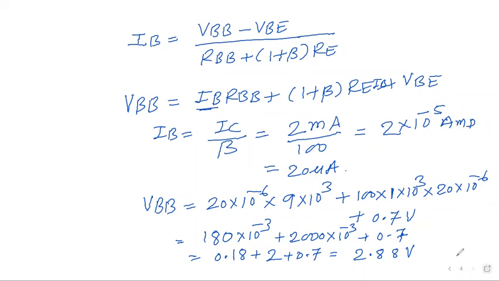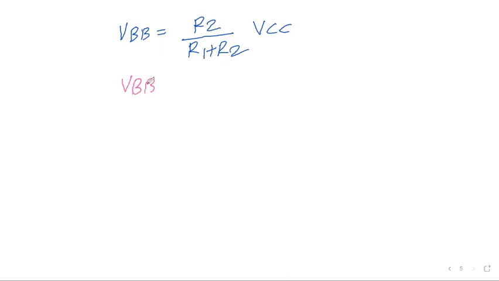So why did I calculate VBB? Because I will get R1 and R2. How? VBB is equal to R2 divided by R1 plus R2 into VCC. You know this. So now I will multiply VBB by R1, and the right hand side also I will multiply.